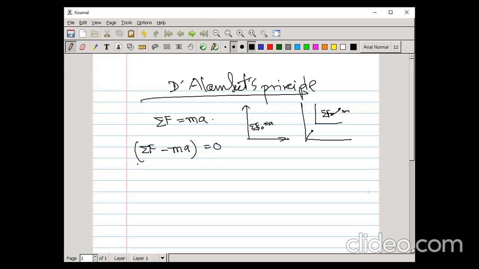So this is the basics of D'Alembert's principle, and I think one or two numerical problems were already discussed, like a block connected using a pulley, which is also attached here. We solved this type of problem. So let's first start some numerical problems on projectile motion, and after that we will start some numerical problems on work, power or energy. Clear?